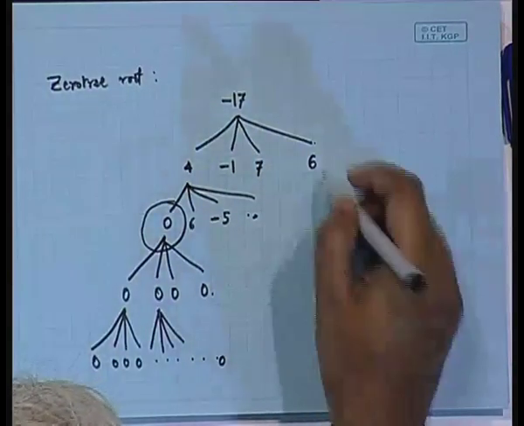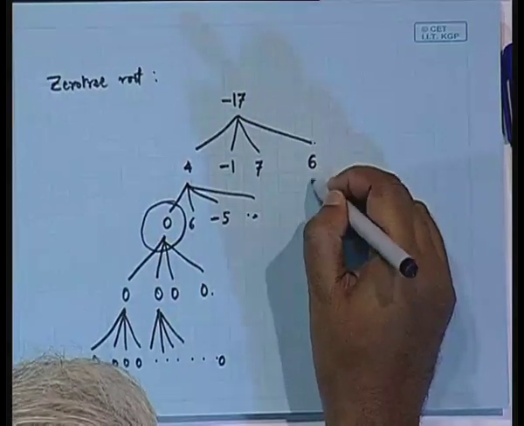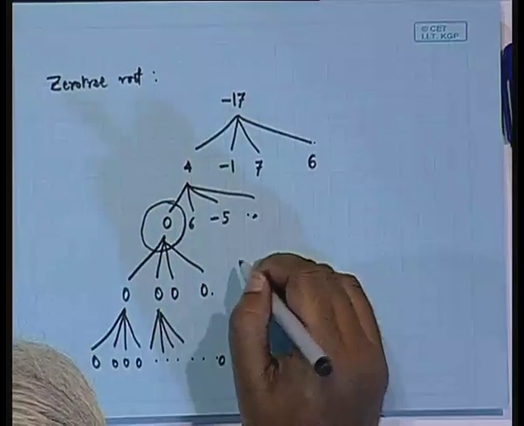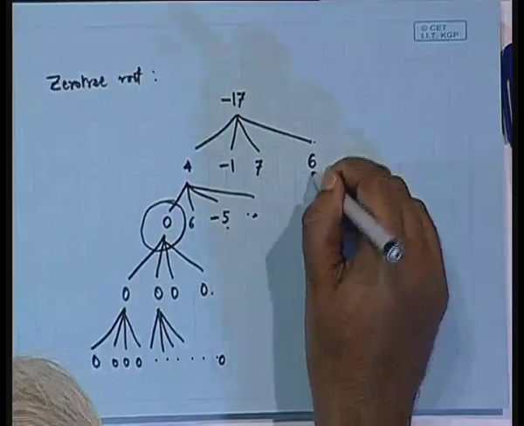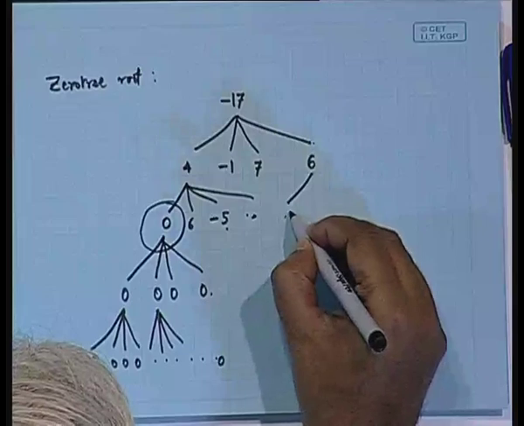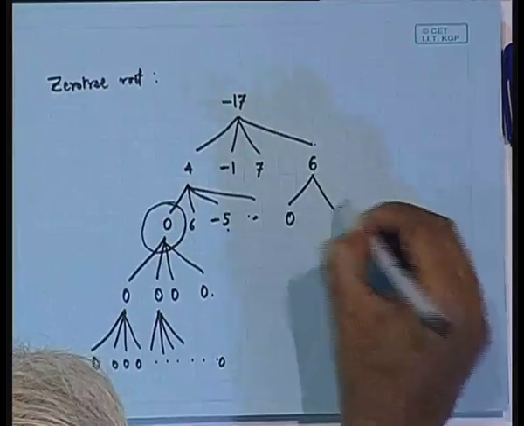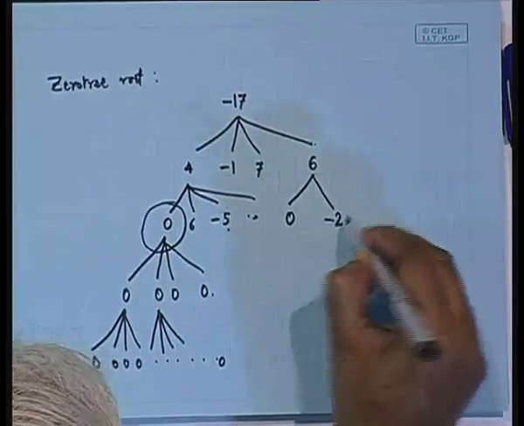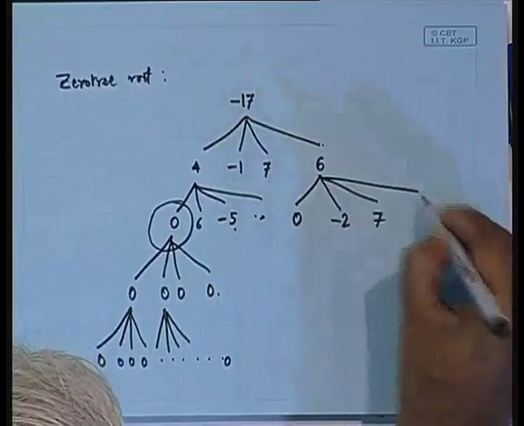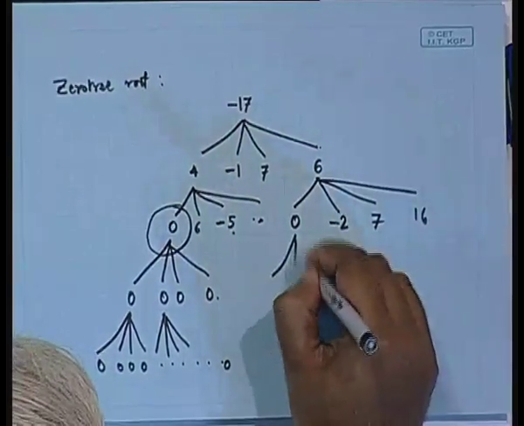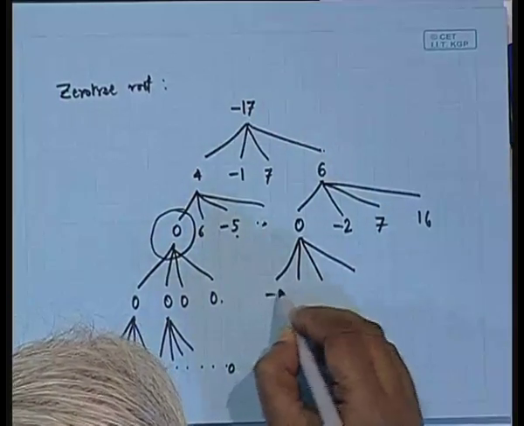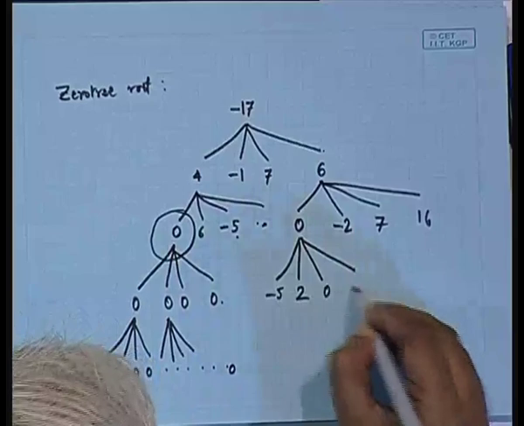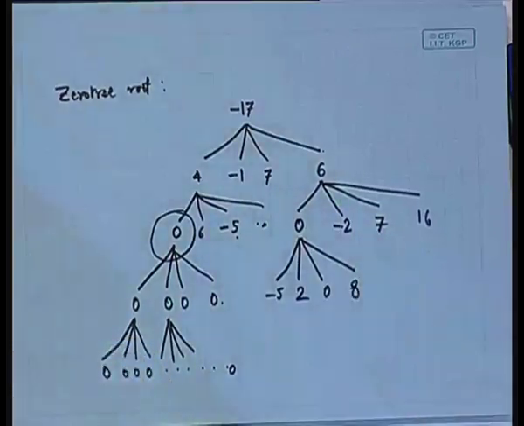Now, let us say that anywhere here, supposing here I find that this value is minus 5 or this value is 6, let us say that here I have a value of 0 and then I have minus 2, I have got plus 7, I have got 16, and supposing here its children are minus 5, 0, 8 like this.